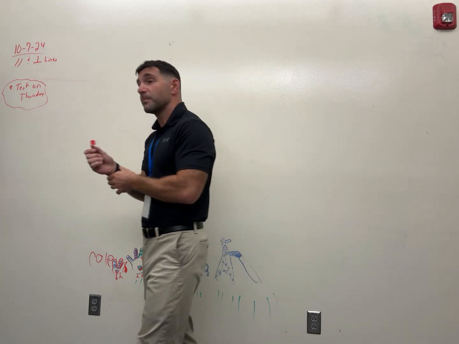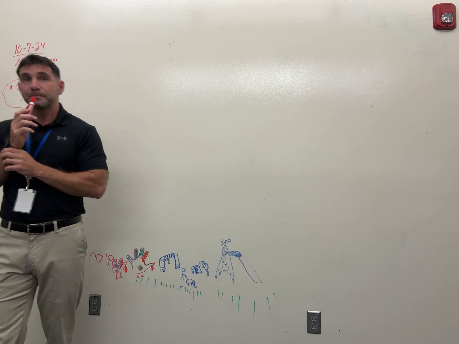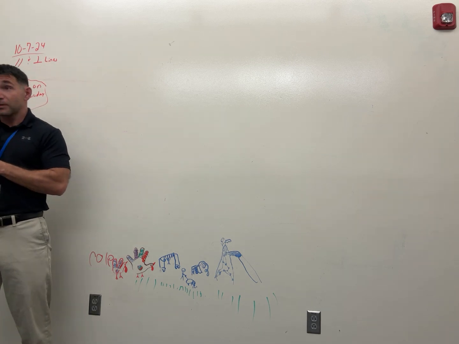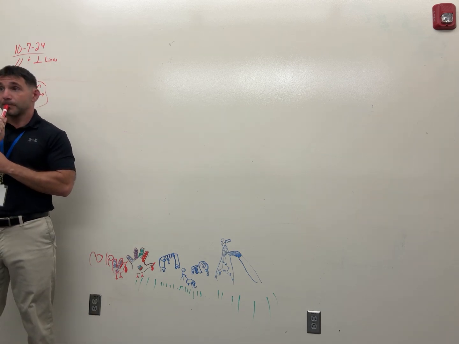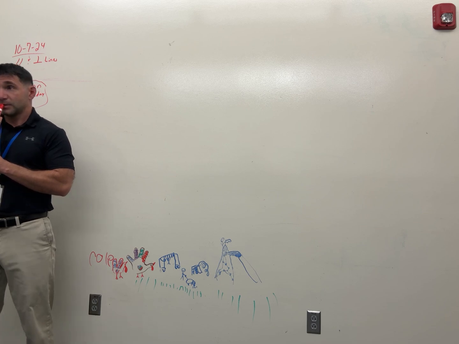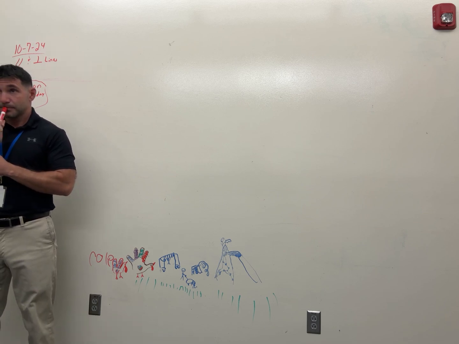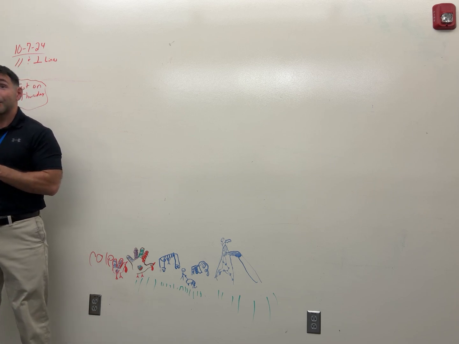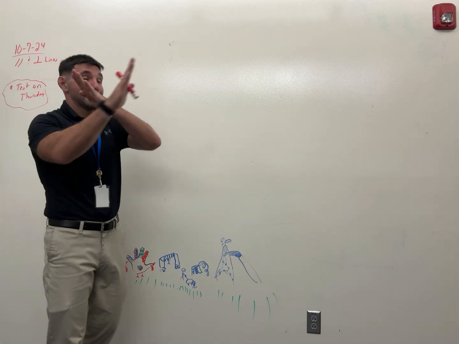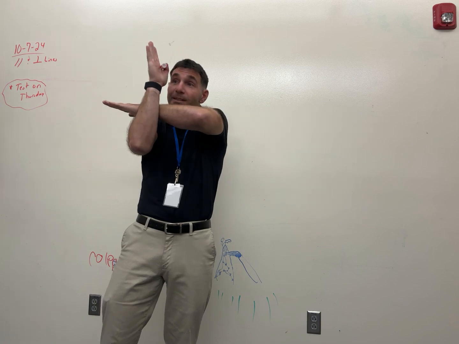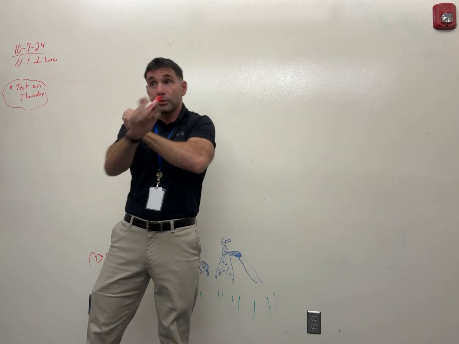That's what intersect means. What about perpendicular? They absolutely intersect to form what kind of angle? A 90-degree angle. So when two lines intersect, they are perfect 90 degrees on all of those corners.